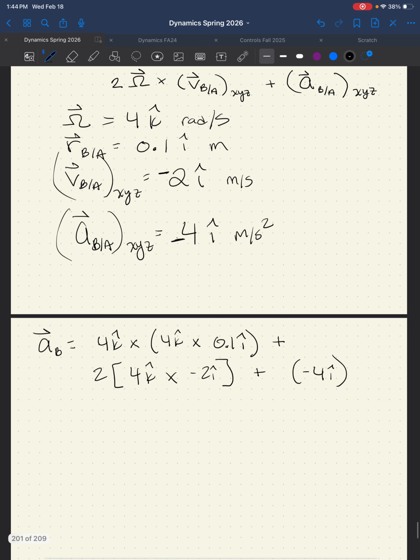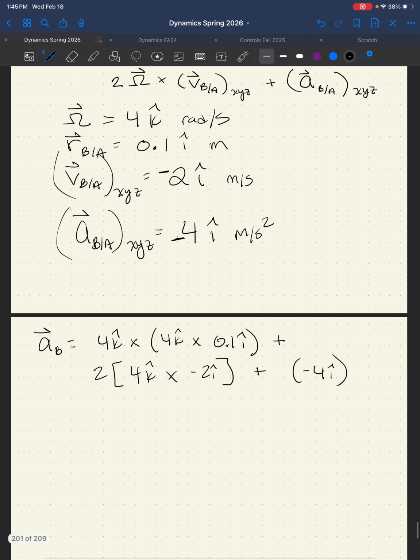All right, so I see three cross products here, so 1, 2, and 3. I'll do 1, 2, and then 3.